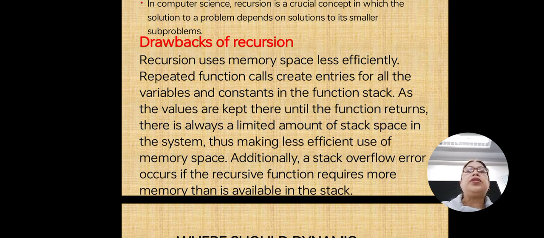As the values are kept there until the function returns, and there is always a limited amount of stack space in the system, this makes less efficient use of memory space. Additionally, a stack overflow error occurs if the recursive function requires more memory than is available on the stack.